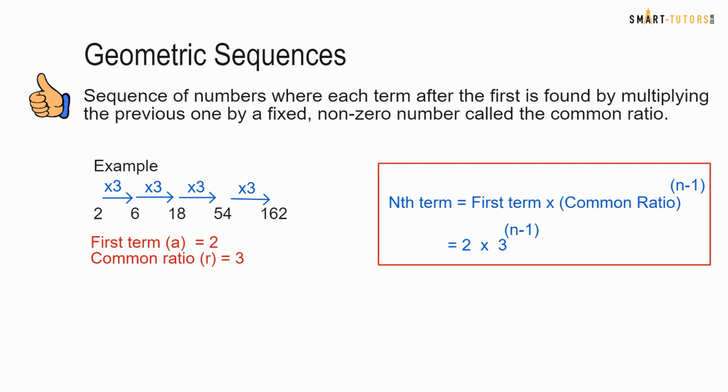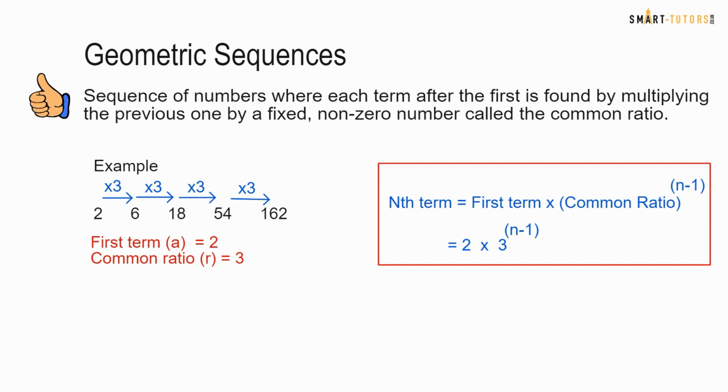The first term is multiplied by 3, which gives 6, the second term. The second term multiplied by 3 is 18, 18 multiplied by 3 is 54, and this continues. So the first term is 2, and the common ratio is the second term divided by the first term, so 6 divided by 2 is 3.